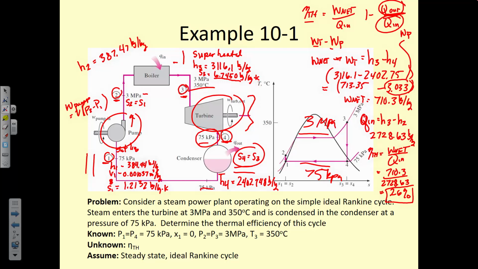That's one that you can always pretty well assume is going to be superheated. Coming out of your condenser, it should always be a saturated liquid or a compressed liquid, in which case you just make the saturated liquid approximations. So those two states are fairly well specified. Coming into the boiler would be a compressed liquid, and coming out of the turbine can be a superheated vapor, saturated vapor, or a saturated liquid-vapor mixture.